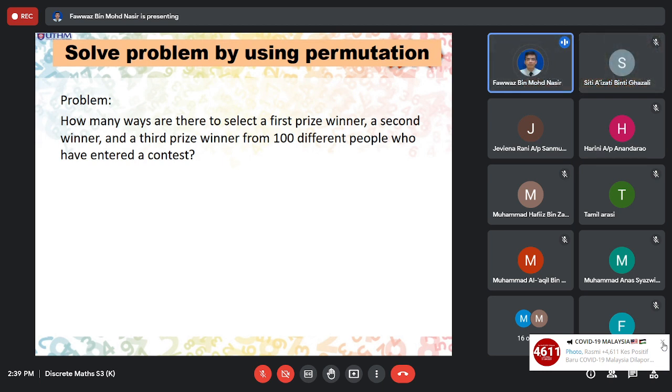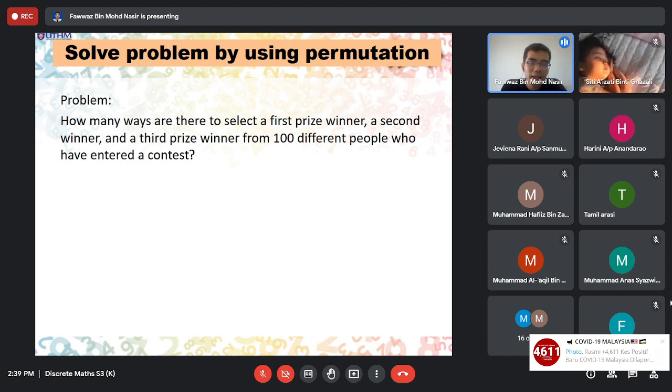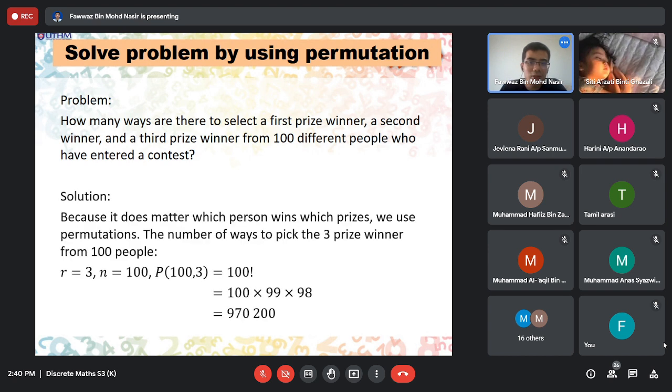So in this case, n is 100 and r is 3, because we want to select 3 different winners. So we just use the formula from before, without repetition. You can use either the formula or, in this case, 100 factorial but only repeated 3 times, because there are only 3 places.